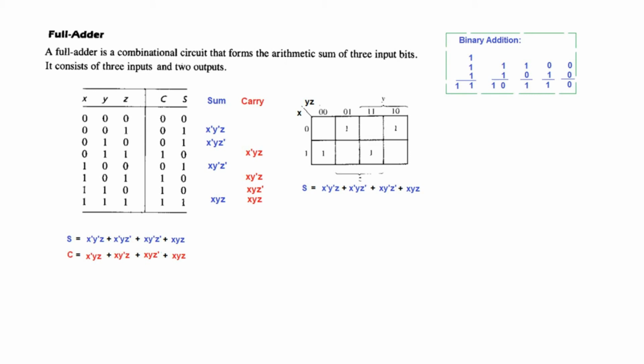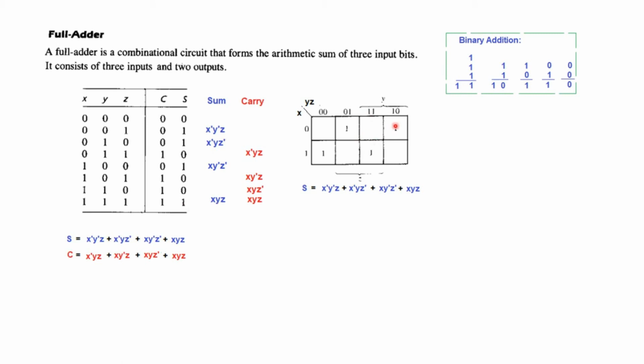For sum we have 0, 0, 1, first one. So we go to this here, from here we get 0, and 0, 1, so we put a 1 here. Similarly, 0, 1, 0, here, and this is 1, 0, 0, and finally 1, 1, 1.